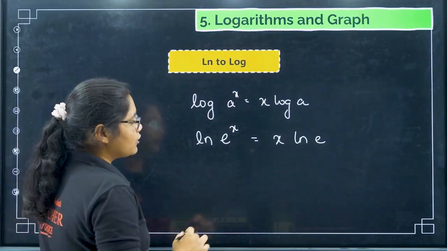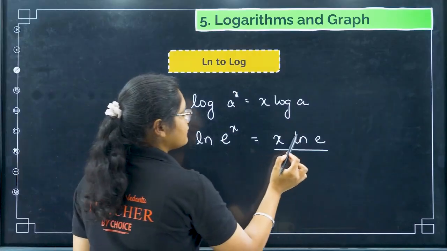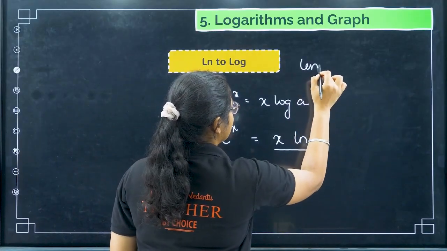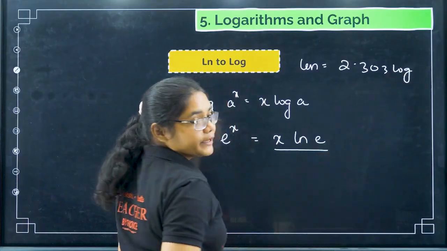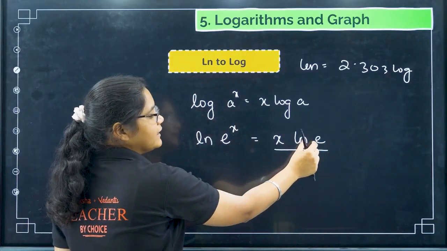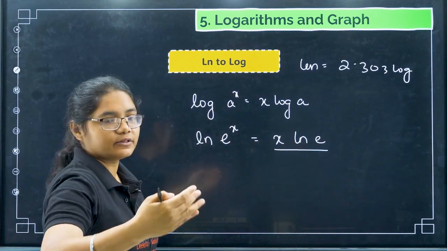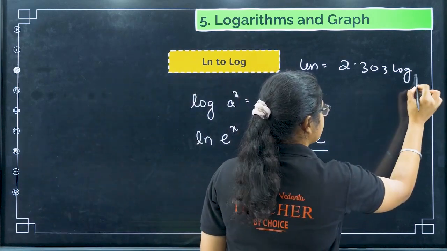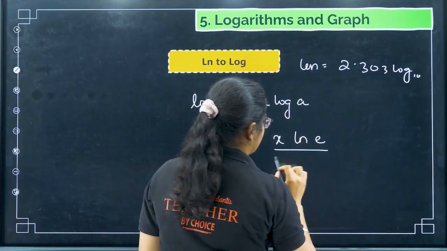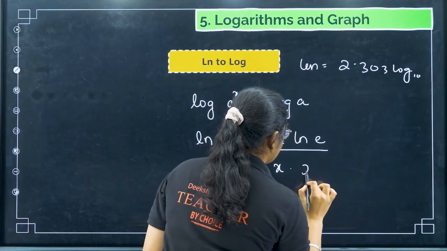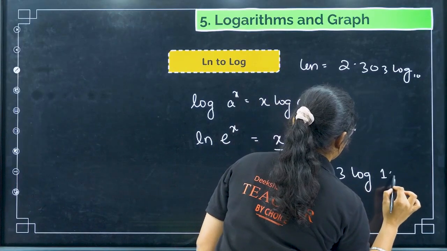Now if I want to convert this to a log term, you should remember ln is equal to 2.303 log. So if I want to convert this ln e to log 10, if the base for this one is e and for log the base is 10, so this is like log 10, this is ln e. So if I want to convert this ln e to log 10, I can write x times 2.303 log 10.